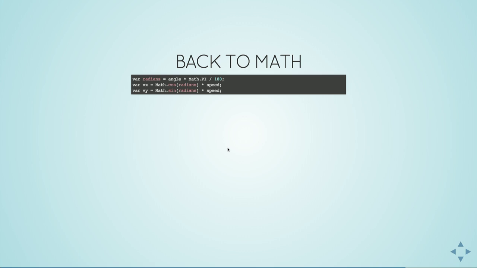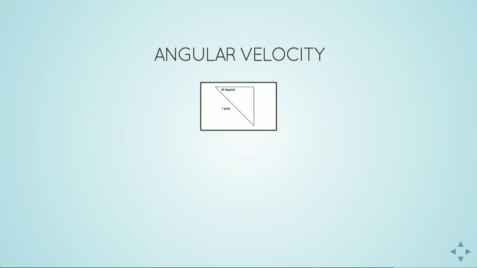The reason why I use cosine on Vx is because sine is opposite over hypotenuse, and cosine is adjacent over hypotenuse. And right at the top, the horizontal, right above 45 degrees, is my Vx. So I need my adjacent, and if we have the angle and the hypotenuse or any side, then we can figure out all the others.